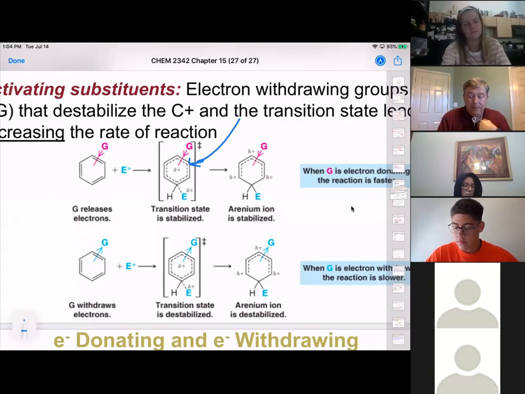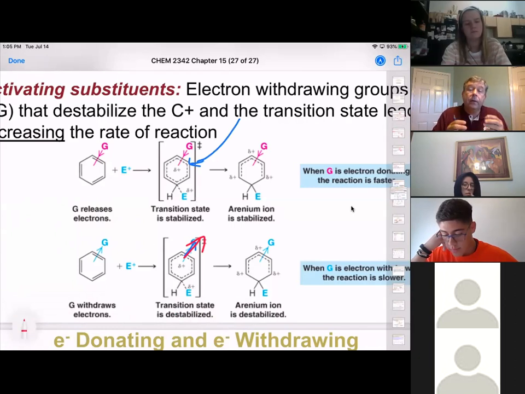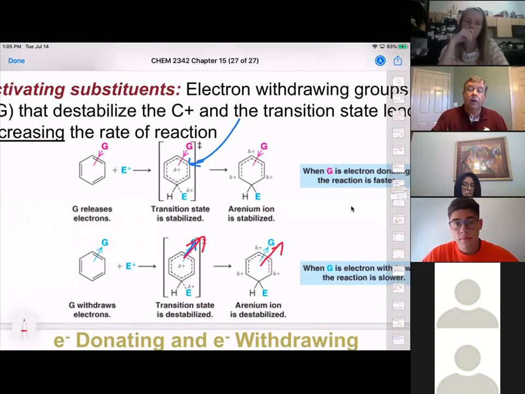Now, if instead you have withdrawn some of these electrons and it makes that a harder, more positive charge, that's going to raise the energy required to get to that transition state. And that transition state is not going to be as stable because it's more positive, and therefore it's going to make it harder to get the transition state, and the intermediate is also not as stable. So it's going to slow the reaction down.